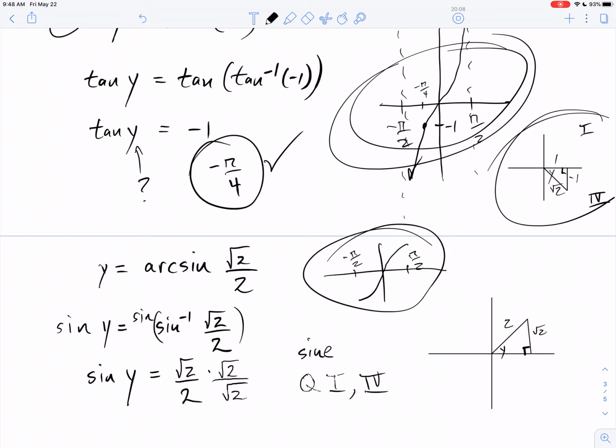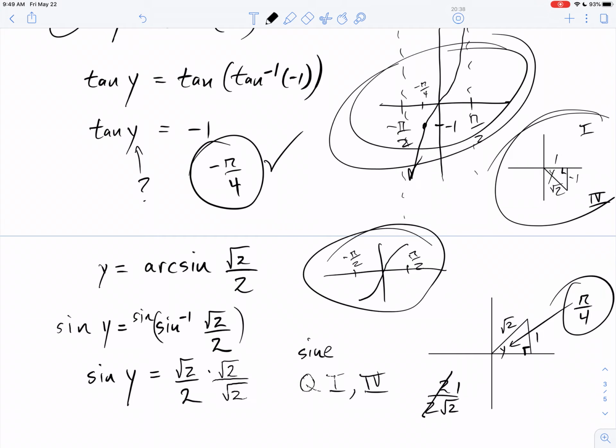If I do rad 2 times rad 2 on the top, I get 2. On the bottom, I have 2 rad 2, and then those cancel, so I could do this instead. I could get rid of this stuff, and instead I could put opposite over hypotenuse, and then I'm in business. And I go, oh, I recognize that. That's going to be a pi fourths angle.